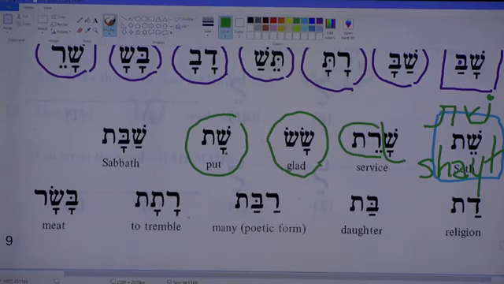Memory cue, shot. This word, how is it actually pronounced? Shabbat. It has been turned into Sabbath. Here's where you got the TH thingy coming out of the tav. The bet has turned into this ba.